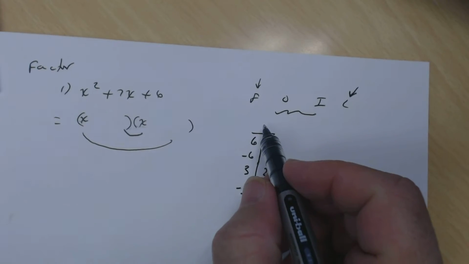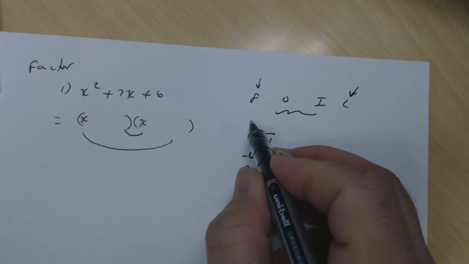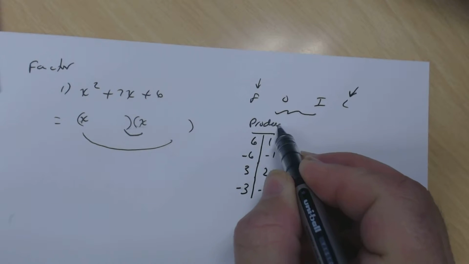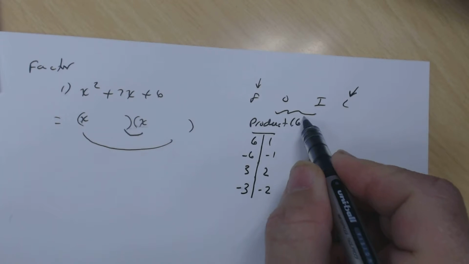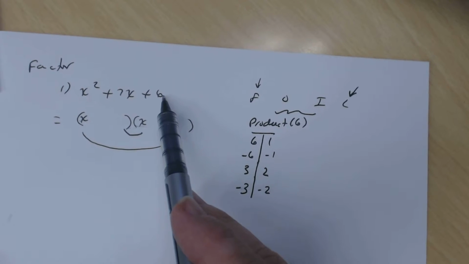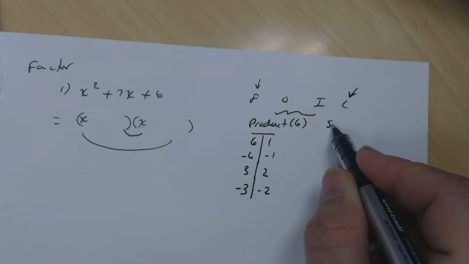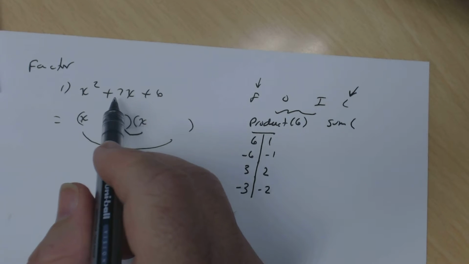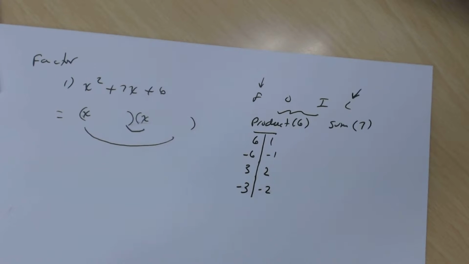I'm going to write this down. I want the product to be 6, and I want the sum to be 7.